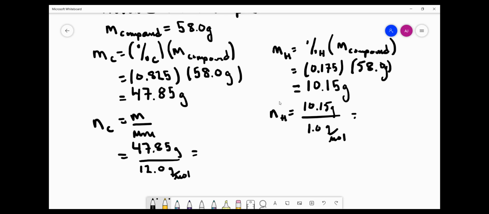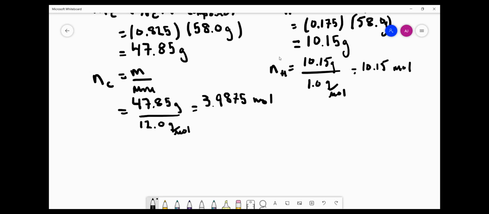So here we're converting the mass of carbon, so we use the molar mass of carbon. In this calculation, we have the mass of hydrogen, so we use the molar mass of hydrogen.